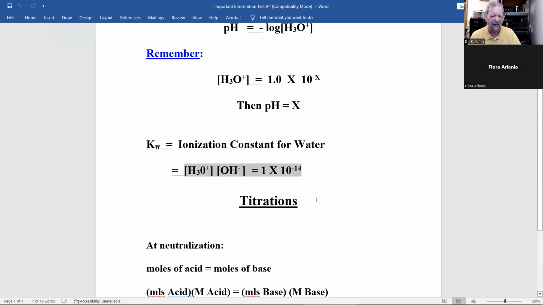Hydronium times hydroxide equals 1.0 times 10 to the minus 14. And you can use that and the hydroxide concentration to determine the hydronium concentration and then determine the pH. So you need 2 steps.